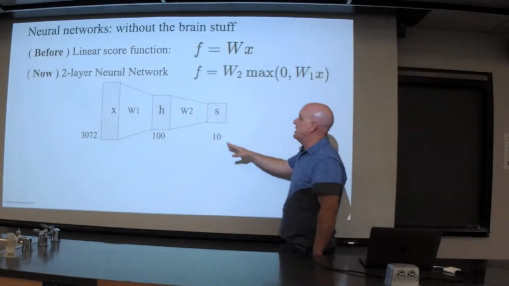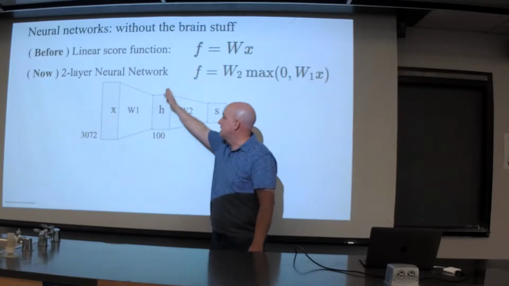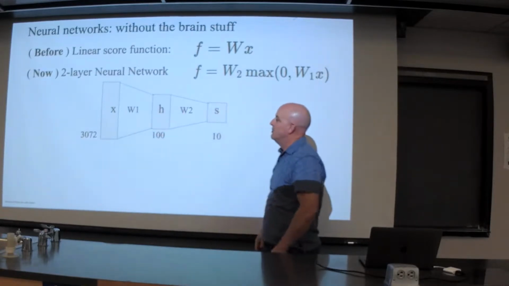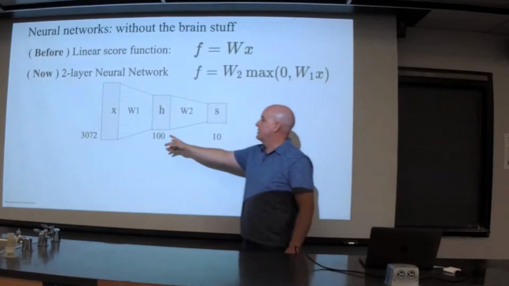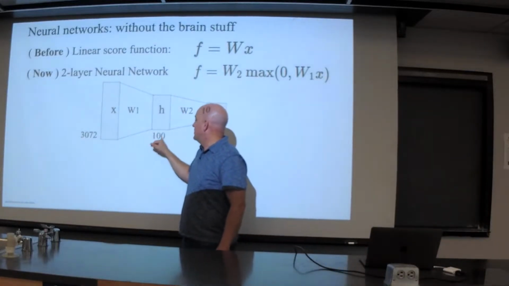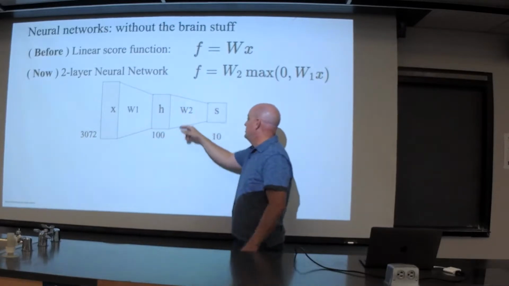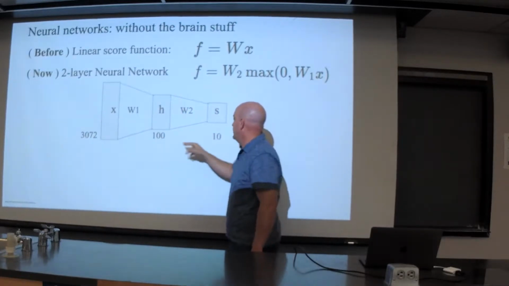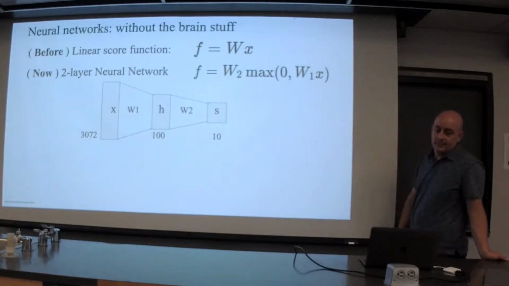But we have another layer here, so we can choose any number of hidden units that we want. Here, this is 100, but you could choose whatever. Now you have a matrix W1 that is 100 by 3072, and a matrix W2, which is 10 by 100. And that's it.